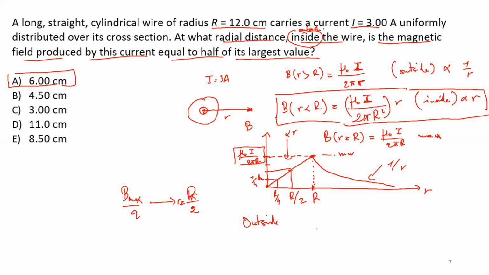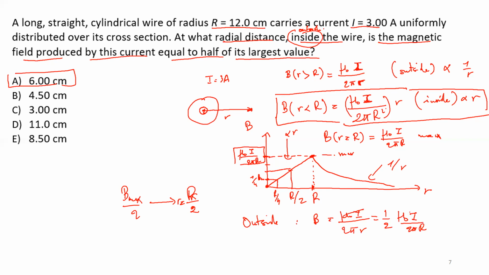So all what you need to do is to apply the formula. So of course, B outside is just mu naught I divided by 2 pi R. Now this should be equal to half of the max value. What's the max value? The max is just mu naught I divided by 2 pi R. So let's simplify.